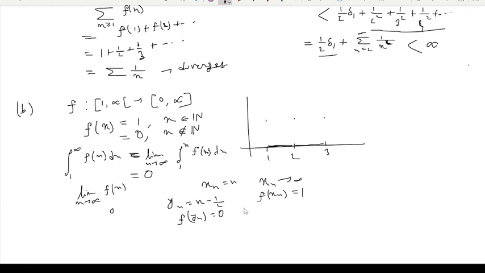So yn tends to infinity, but f of yn tends to 0 because all f of yn equal 0. So there are two different sequences such that xn tends to infinity, fxn tends to 1, and yn tends to infinity, fyn tends to 0. So limit x tends to infinity fx does not exist. Now look at option B.